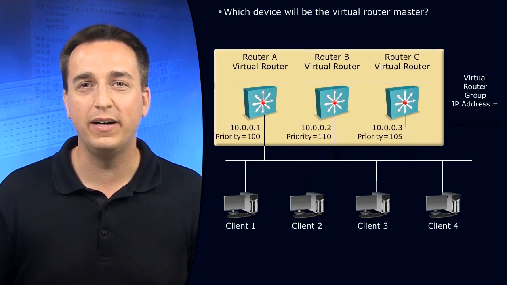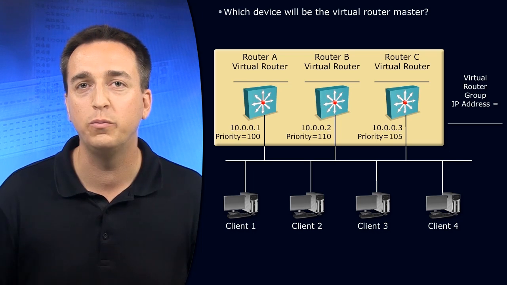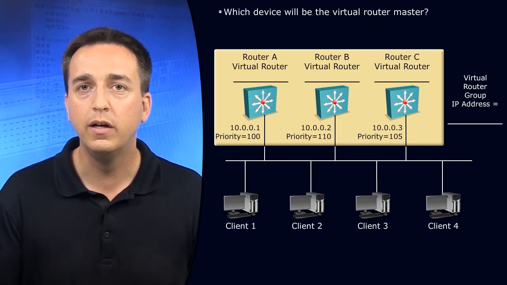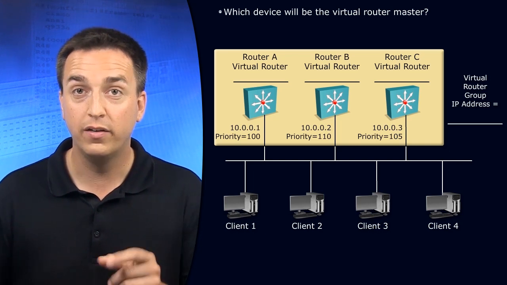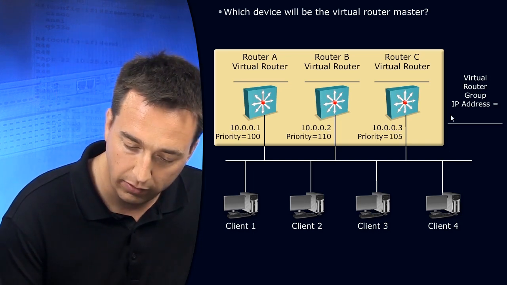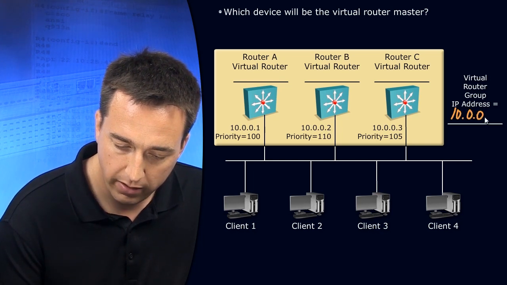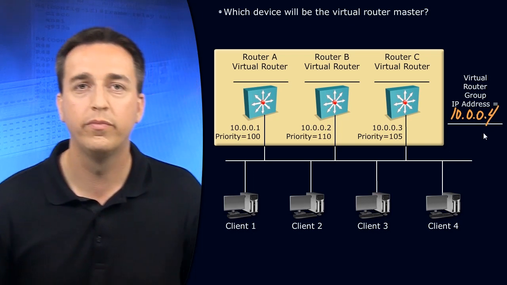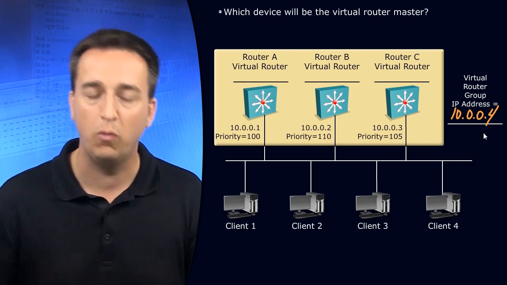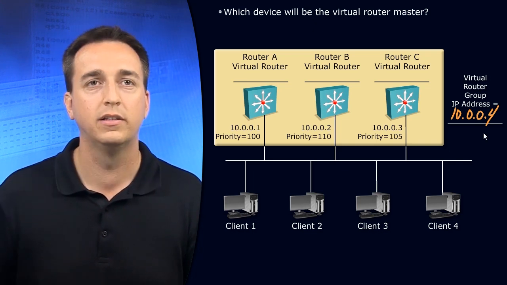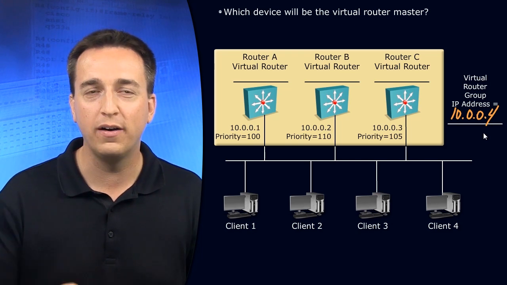Pop quiz time, everybody. It's time for you to identify who the virtual router master will be for the VRRP group based on the virtual router group IP address that I specify. So let's take a look at an address here, 10.0.0.4. Based on this virtual router group IP address that will be configured on all of these routers, which one of these routers is the virtual router master?